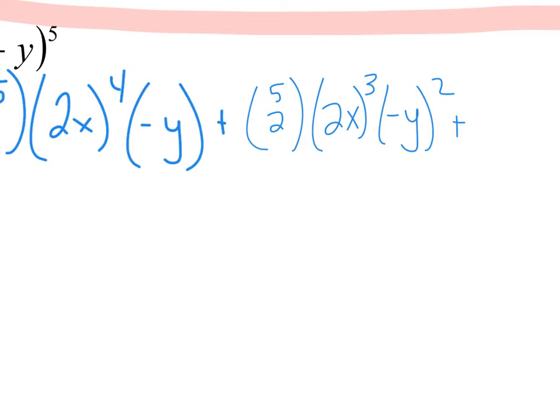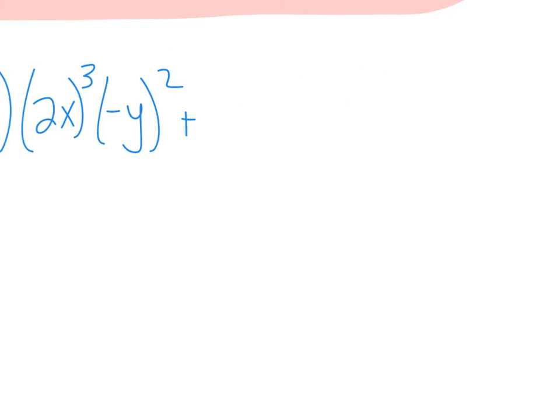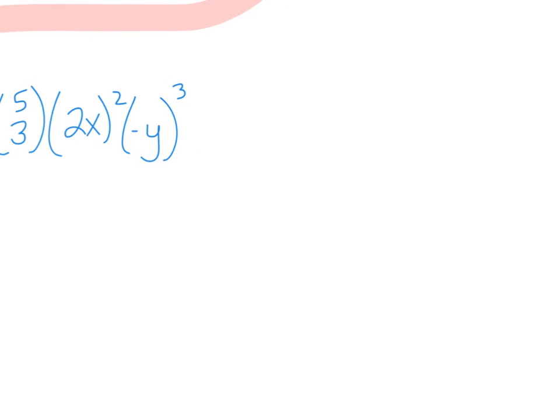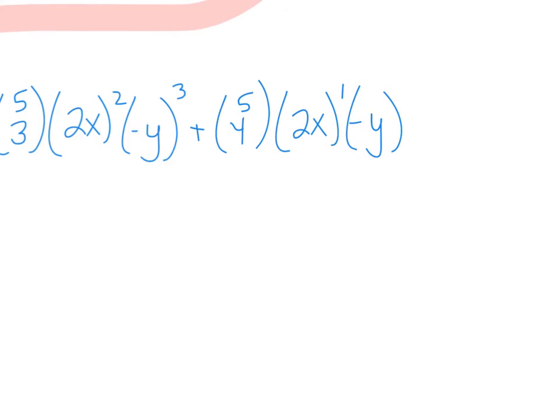I'm going to add to that 5 above 3, 2x squared, negative y to the 3rd. 2 more, stick with me, plus 5 above 4 times 2x to the 1st, negative y to the 4th, and finally 5 above 5 times negative y to the 5th.